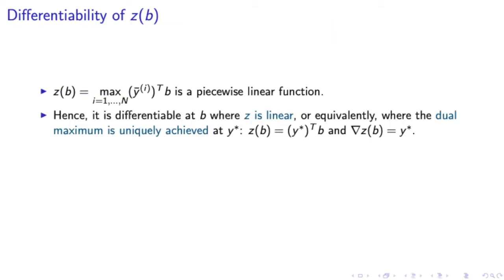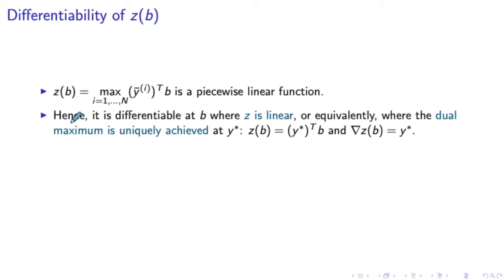Let's go back to the general case of z of b, where we don't restrict ourselves to the change along a line. And in this case, z of b is given by the maximum of y bar i transpose times b for i between 1 and n, where the y bar i's are the extreme points of the feasible region of the dual, and this is of course a piecewise linear function.